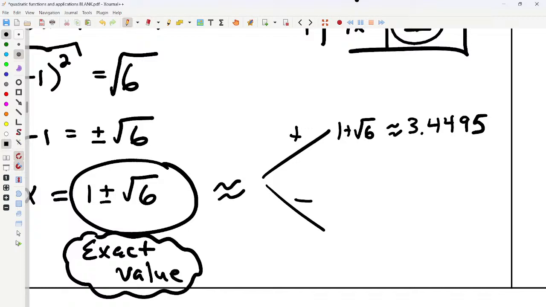This is called an approximate solution. 1 minus the square root of 6 is about negative 1.4495.